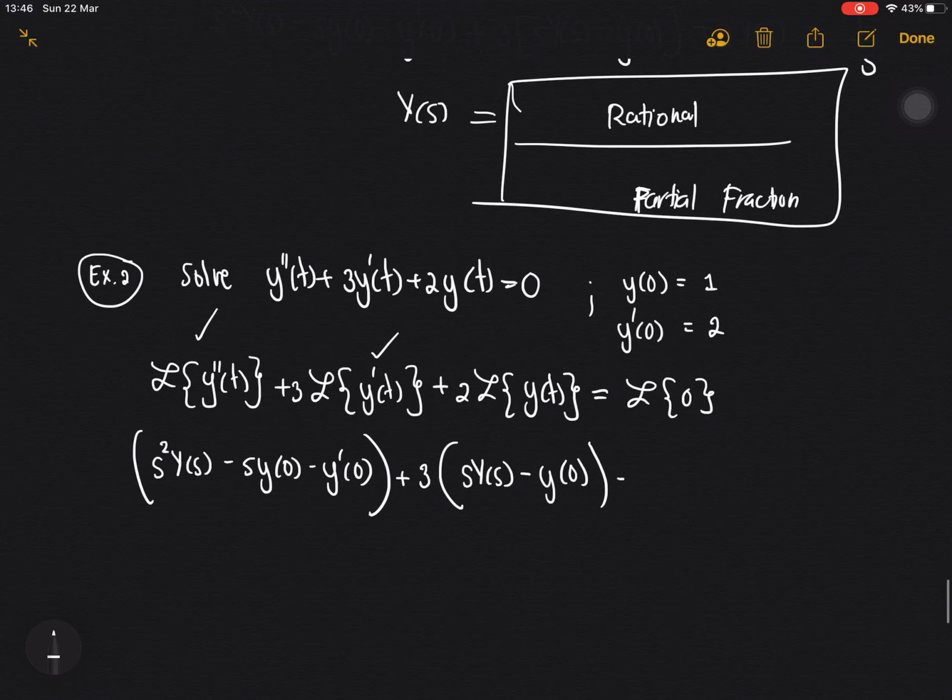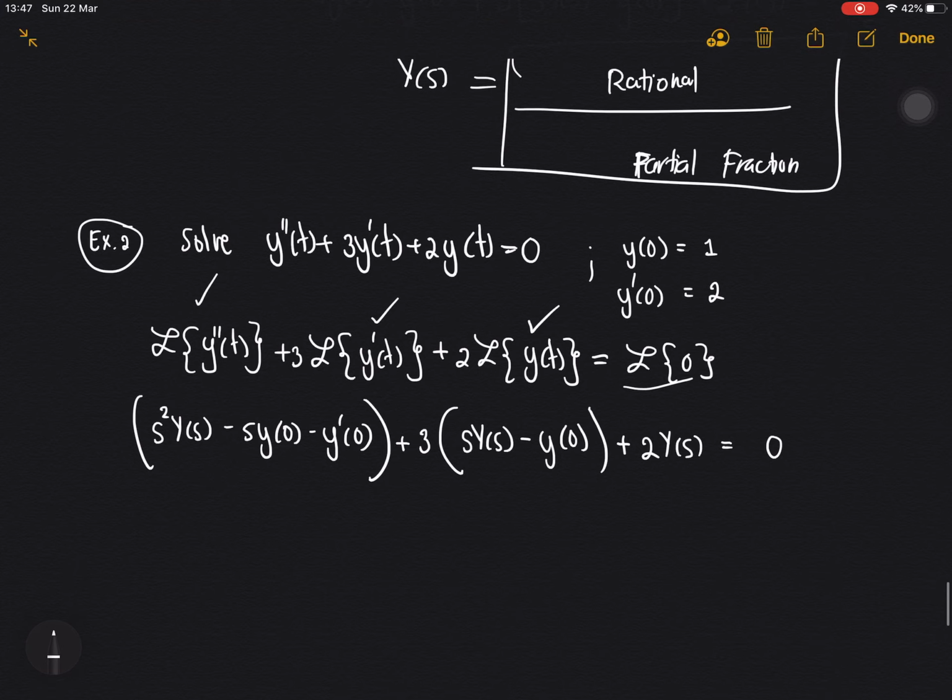And then addition with 2, so you have to find the Laplace transform of y(t), which is basically equivalent to Y(s), and that's equivalent to 0. So okay, now after that you will have everything in terms of the s domain. So here in this case, as you can see, we can now apply the IC, the initial conditions, back into that expression.